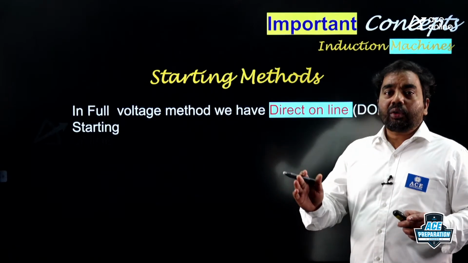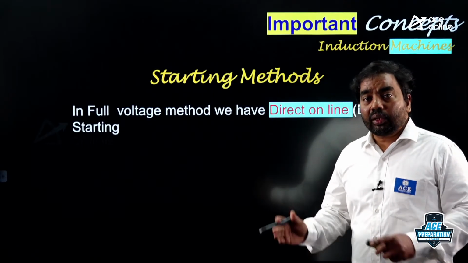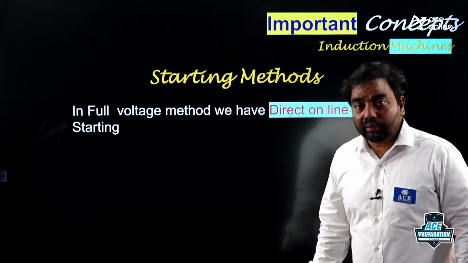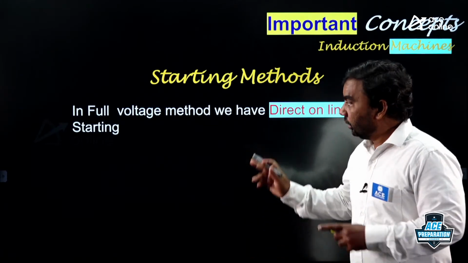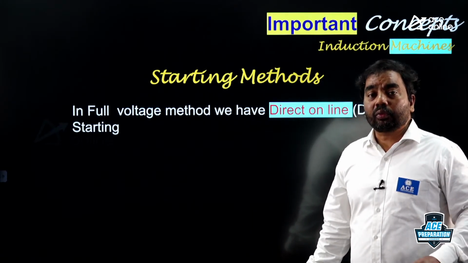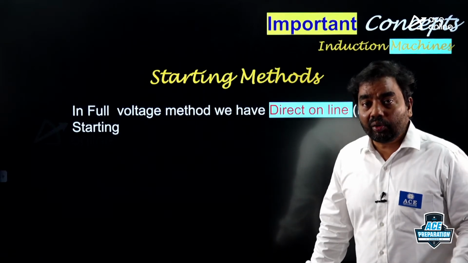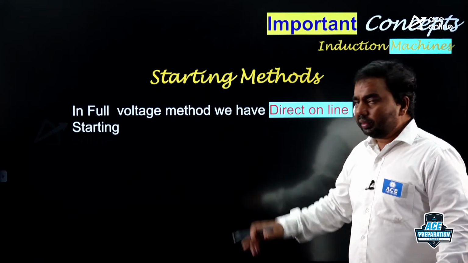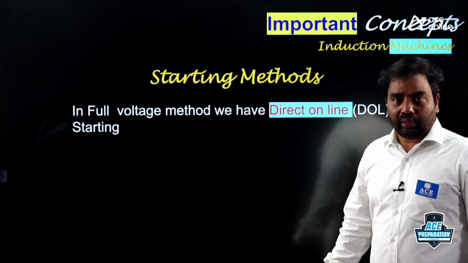Even though we start the motor with rated voltage, and the windings carry currents of 5 to 8 times the full load current, still the windings will be safe in this case. Why? Because such high currents will flow only for a short time. You can see this in detail in the DOL starting methods.